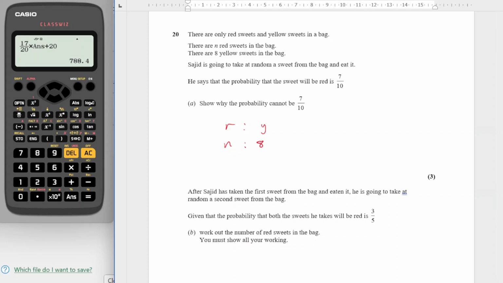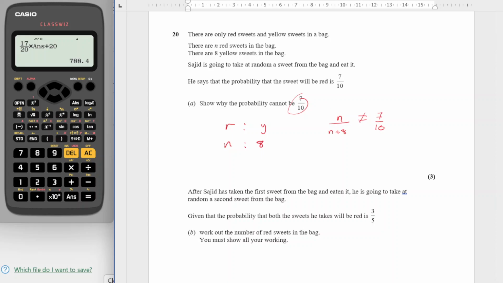And what they're actually saying is show why the probability of it being red n over n plus 8 cannot be equal to 7/10.